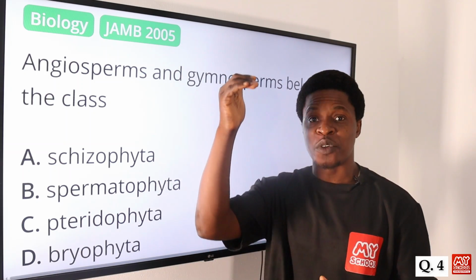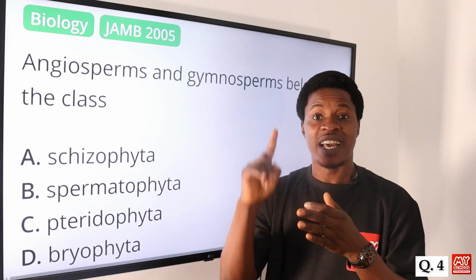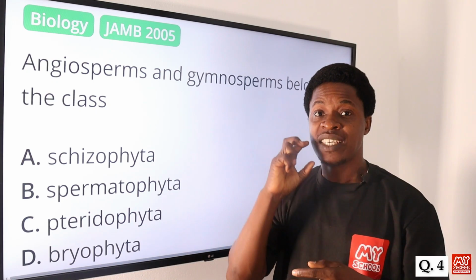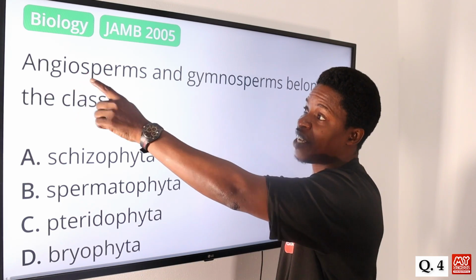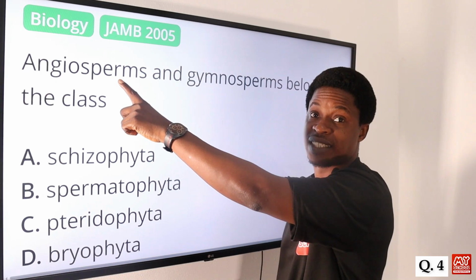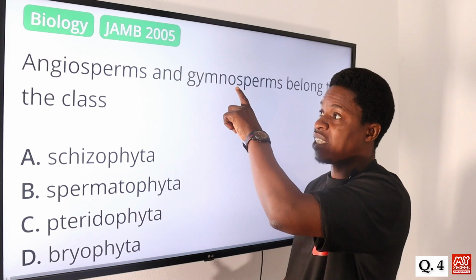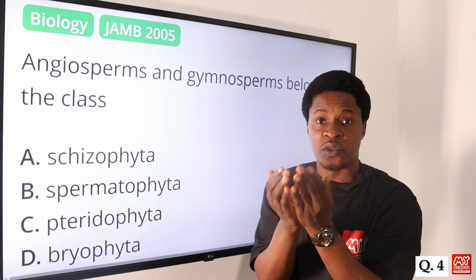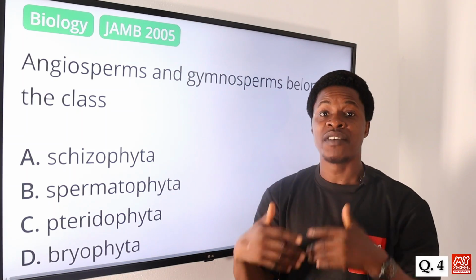So among all of those I talked about, thallophytes, pteridophytes, bryophytes, angiosperms and gymnosperms, only these two bear seeds. Usually we refer to angiosperms as flowering plants, and their seeds are enclosed in fruits, while gymnosperms have naked seeds.